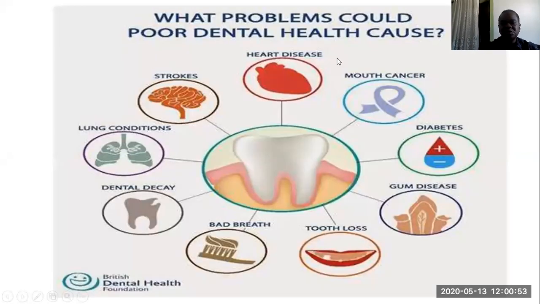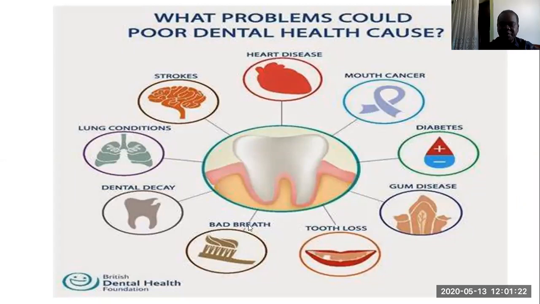Now, there are so many problems that research has shown us, according to the British Dental Health Foundation, that can arise as a result of poor dental health. It can cause stroke, heart disease, mouth cancer, diabetes, gum disease. It can cause someone to lose his teeth.